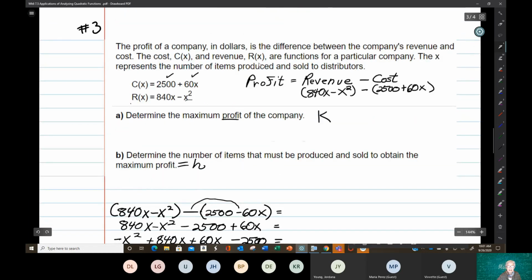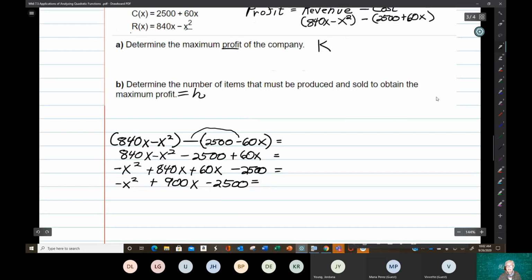Okay, the cost, C of X, blah, blah, blah. Here, this last sentence tells you. The X represents the number of items produced and sold to distributors. Yes.